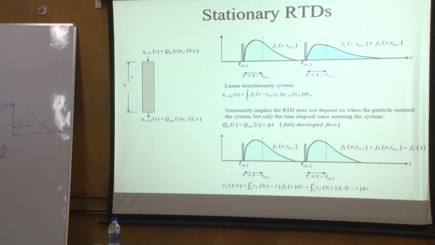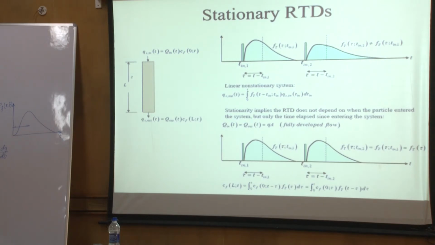But before I proceed, I want to talk a little about the idea of stationary residence time distributions, because you will hear this quite often. So what I'm showing is essentially the same column over here. This axis is time.